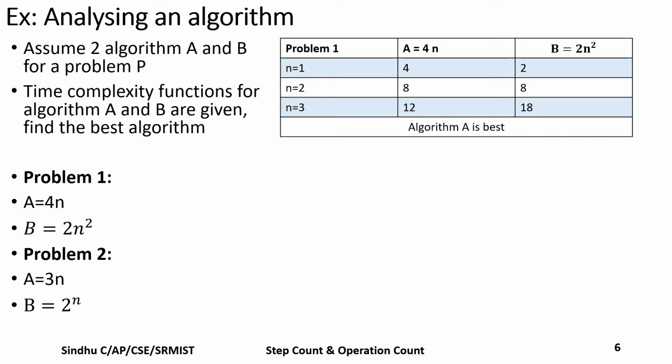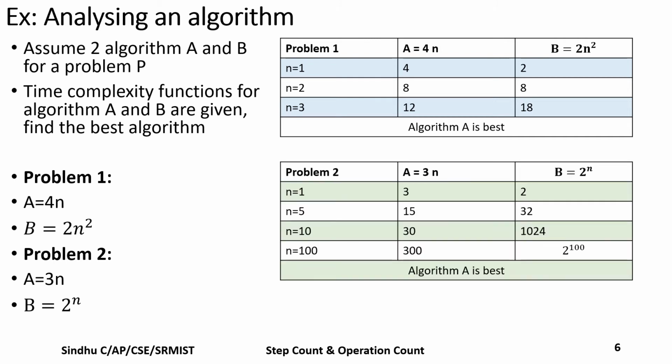Consider the second example where algorithm A is the statement A is equal to 3n, and algorithm B is equal to 2 power n. Now here we have to find out the best algorithm again.